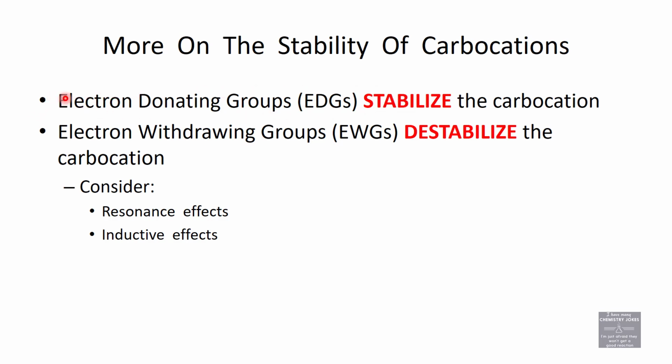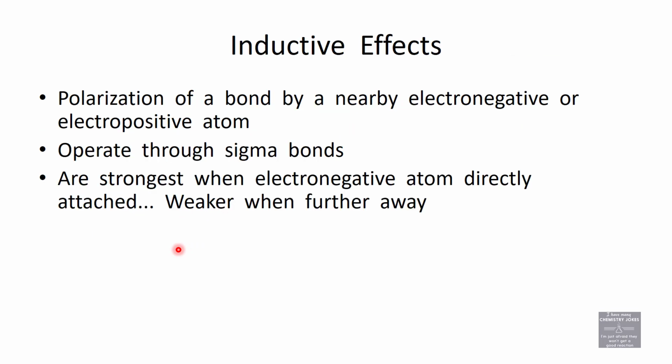Because if a group can donate to a carbocation, whether through hyperconjugation or through resonance, that makes the carbocation more stable. If a group withdraws from a carbocation, like through resonance or induction, that makes the carbocation less stable. So resonance and induction, where we talked about acids and bases, are all still fair game for talking about carbocations.